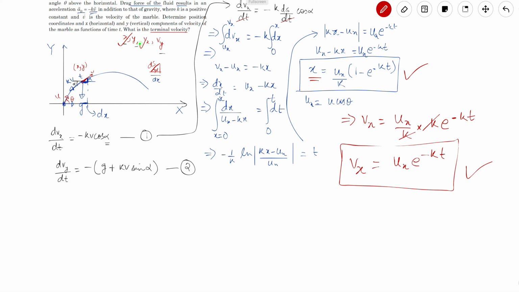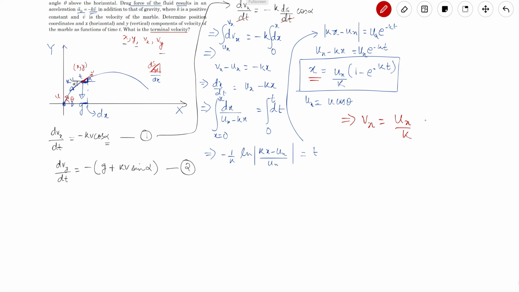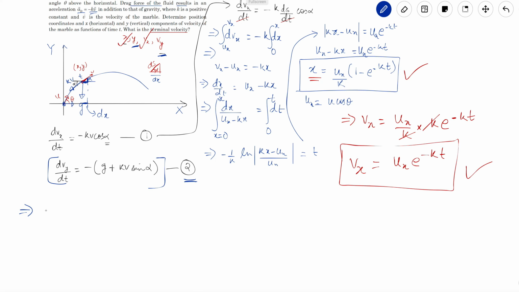Now our objective is to find y and vy. In order to find y and vy, we will look at equation number 2. So now let's work out equation number 2 in a similar fashion, as we worked out the earlier equation using the projection method. Here I'm writing dvy over dt.